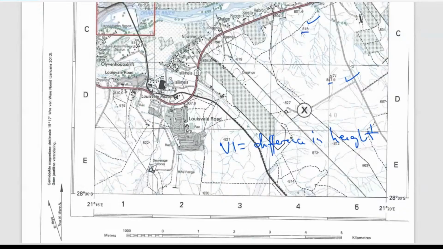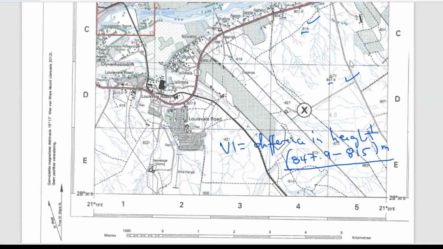The trig station is higher than the spot height. So you are saying 847.9 minus 815. This is already in meters. Over your horizontal equivalence, the height measurement is 24.5 meters.